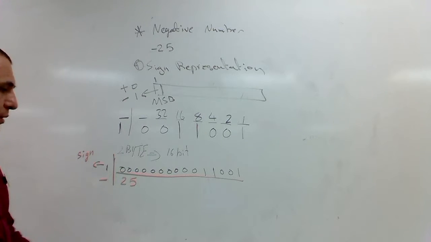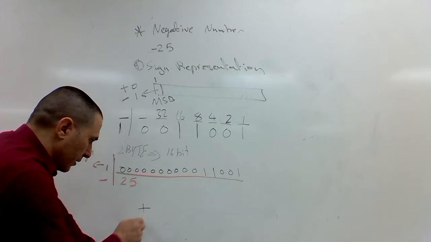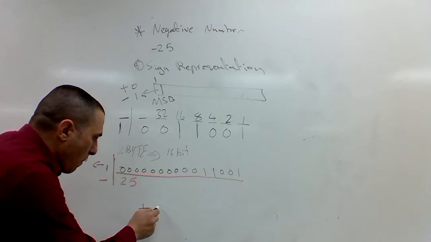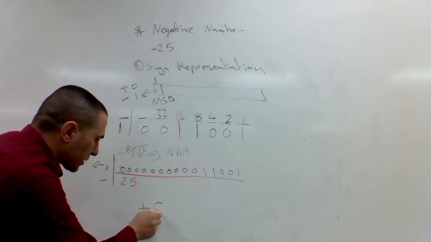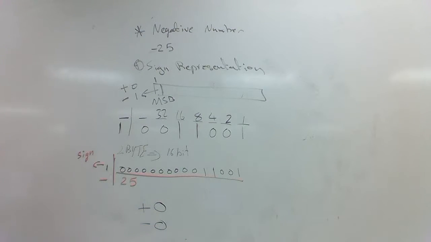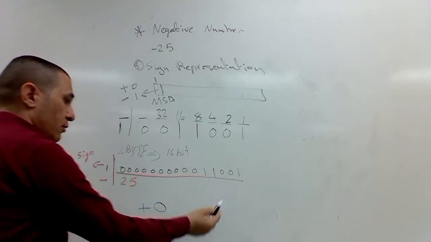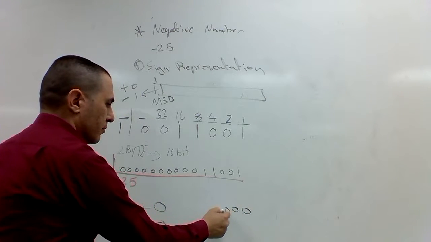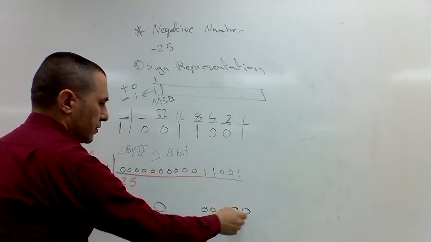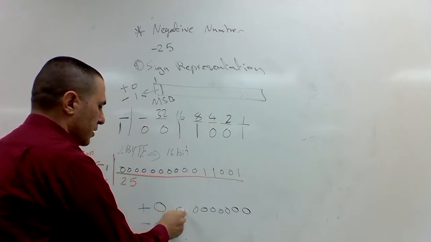The problem with this one, if I told you to represent positive 0 and negative 0 in 1 byte, in 8 bits, this is the positive 0.